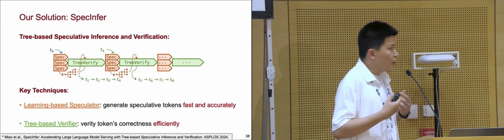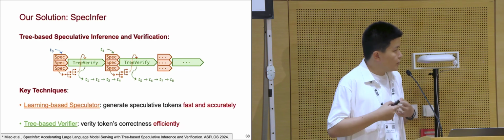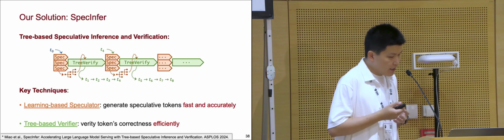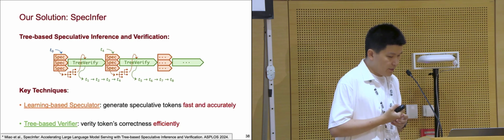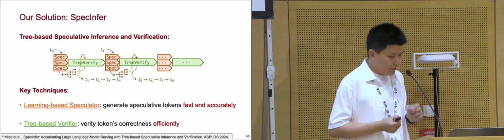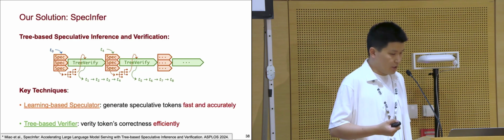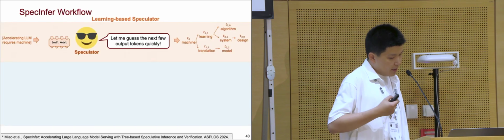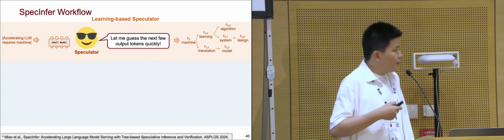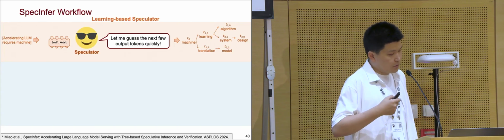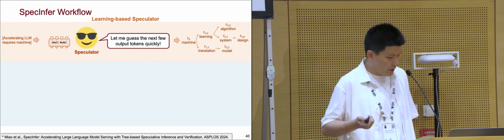So ideally, we want the small model or the speculator to have nearly 0 time cost. And second is the verification process. It should also be efficient. It may not be as efficient as the small model because we are using the original language model to verify the tokens, right? But for example, if you want to verify 3 tokens, it should be faster than 3 decoding steps using autoregressive decoding.